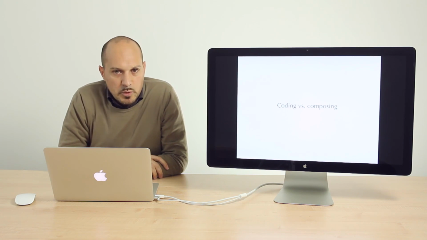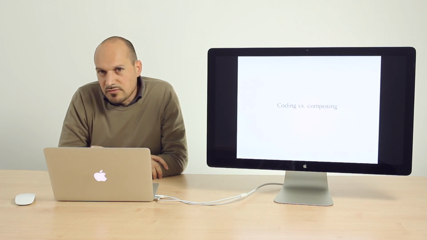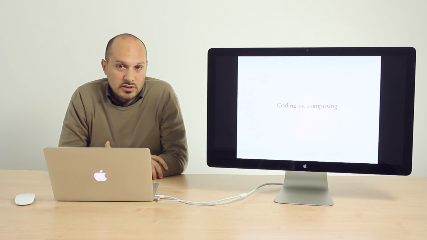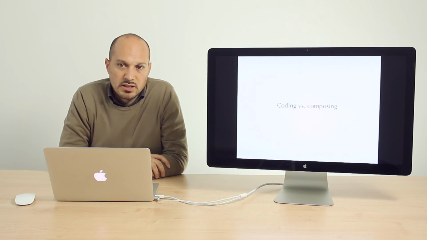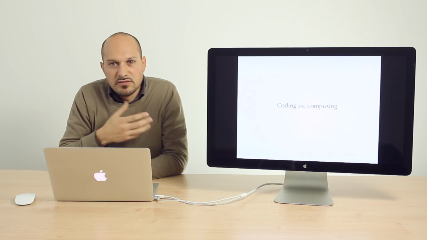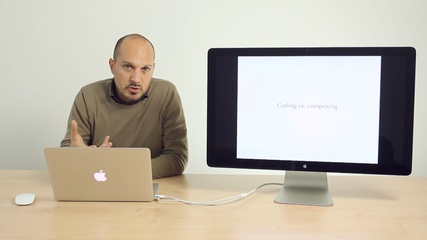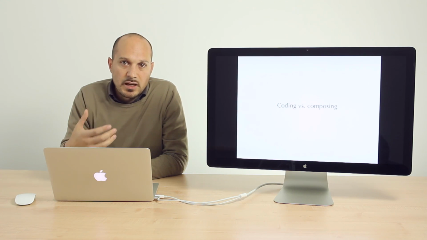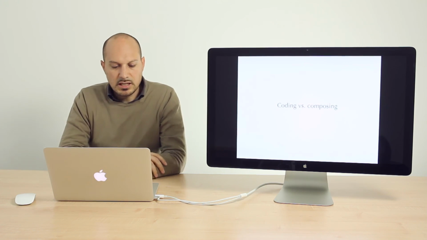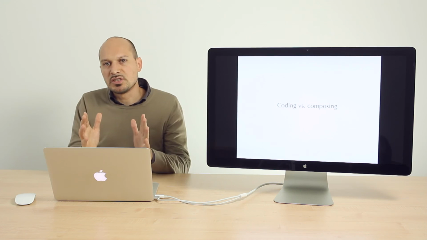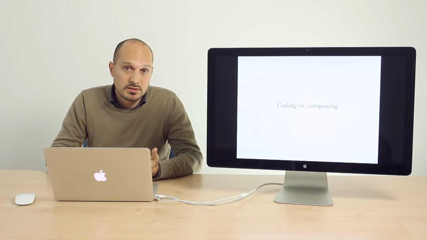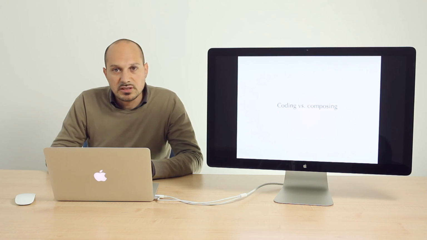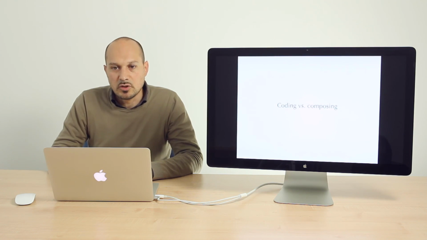When we talk about composing instead, we want to emphasize the composite nature of a composite service or application. The fact that it is developed starting from a set of web services that are already there and that are simply reused as is. And then there are some very specific composition-specific abstractions, and tools have also been developed that are specifically tailored to the needs of composition.